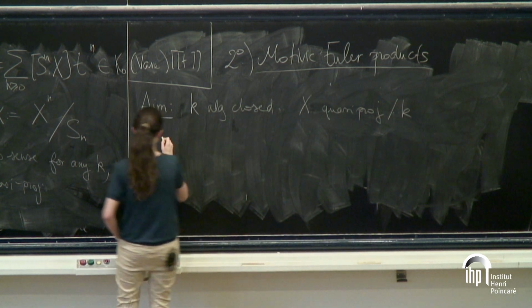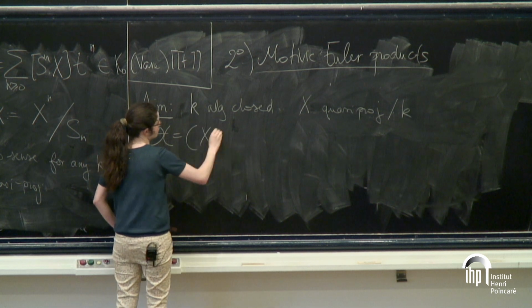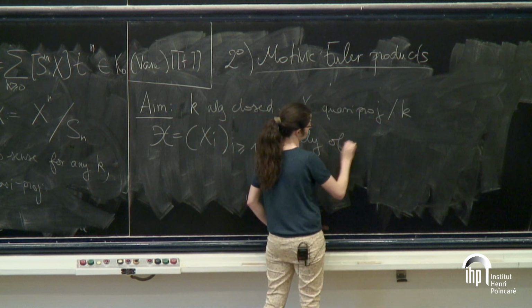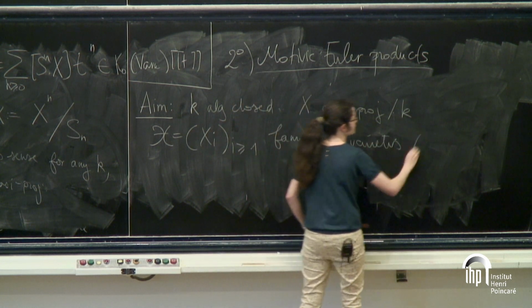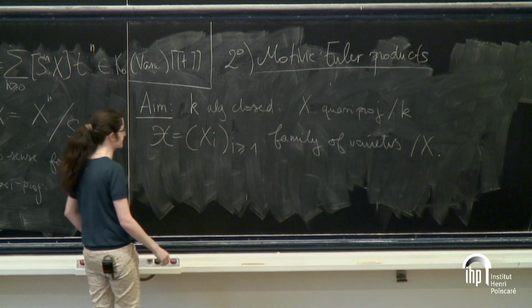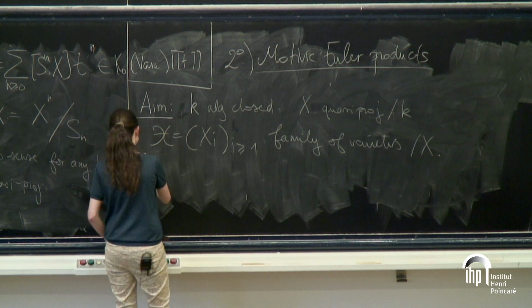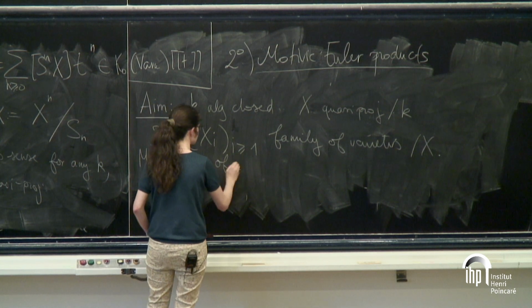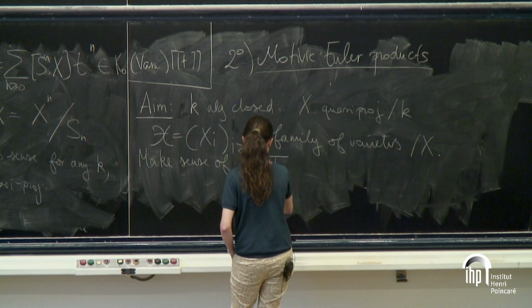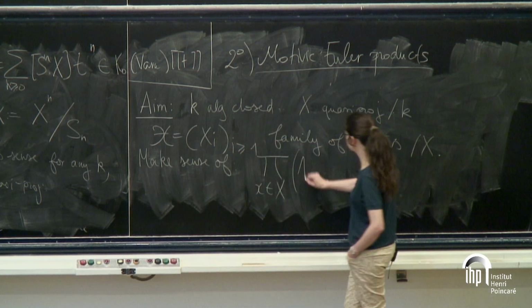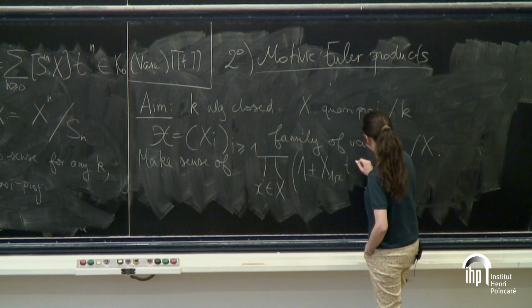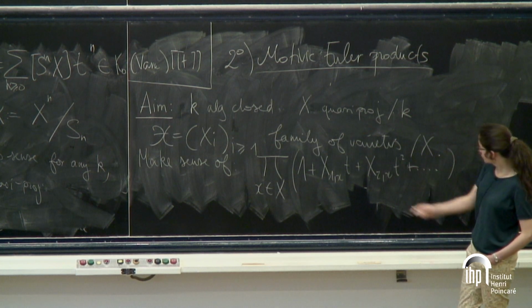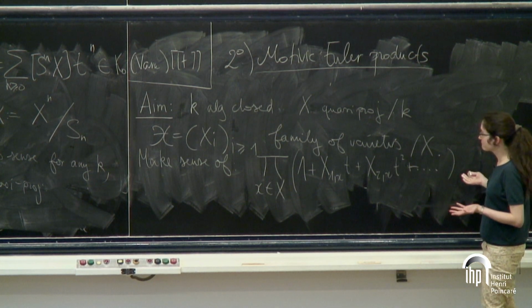And I also take curly X, a family of varieties over X. So it is important that they all come with a morphism to X. And I want to make sense of the following, of such a product. So why is this the most general thing that we could think of for now?